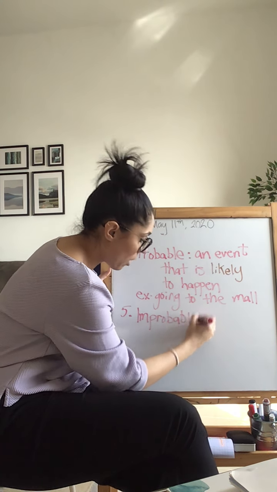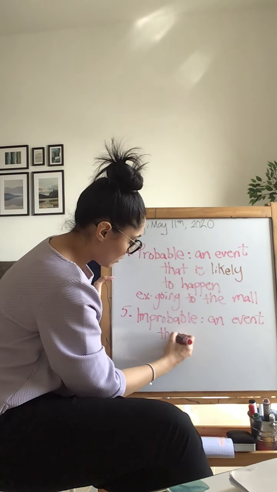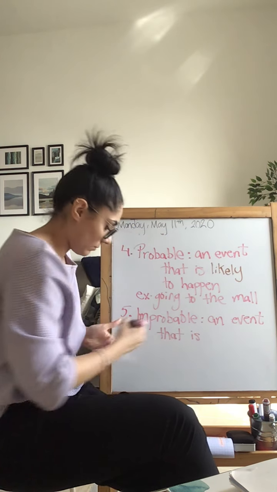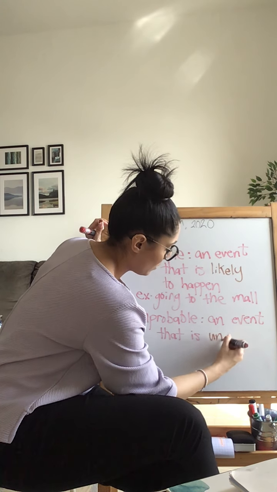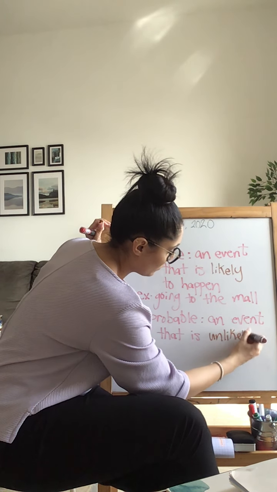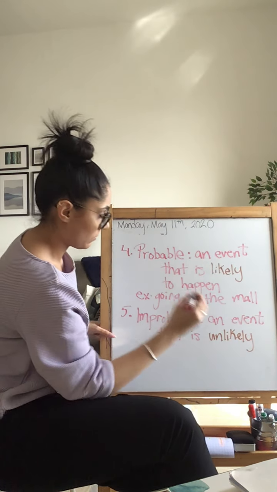So if you know probable, you know what the opposite would be. So an event that is unlikely, so it's less, right? It's at the bottom of the range. Improbable, so an event that is unlikely to occur.